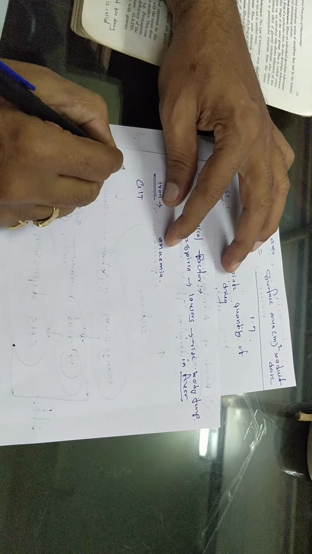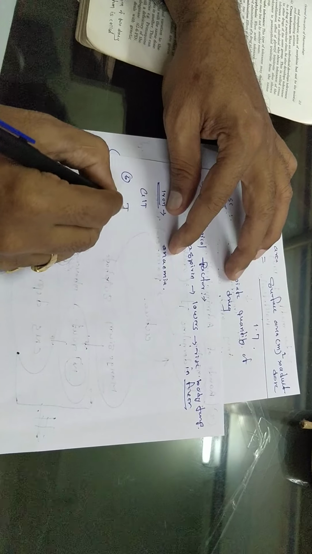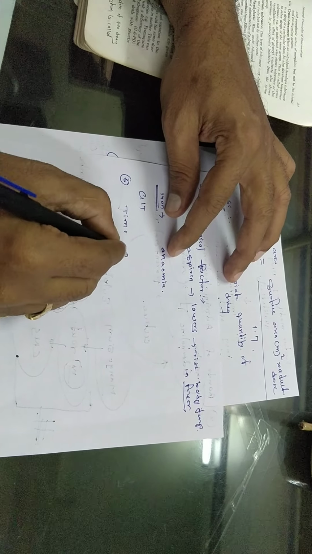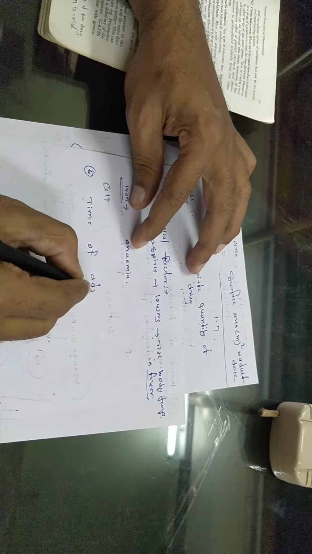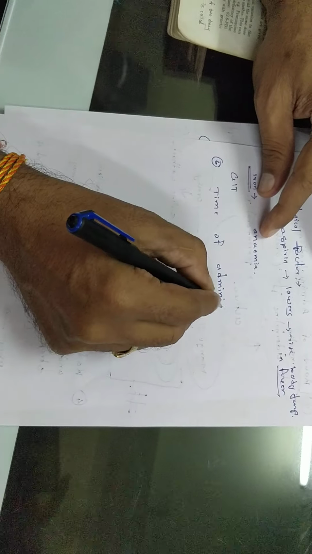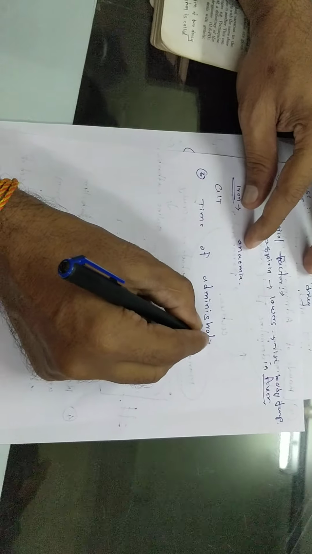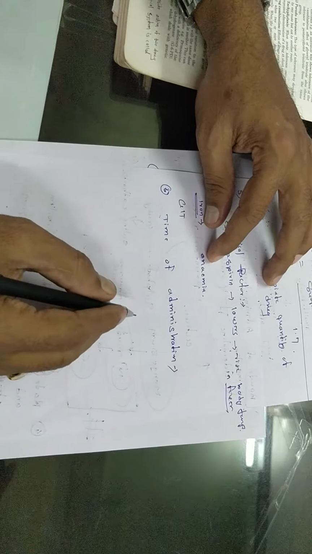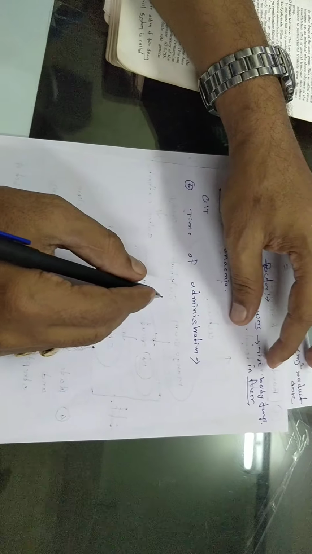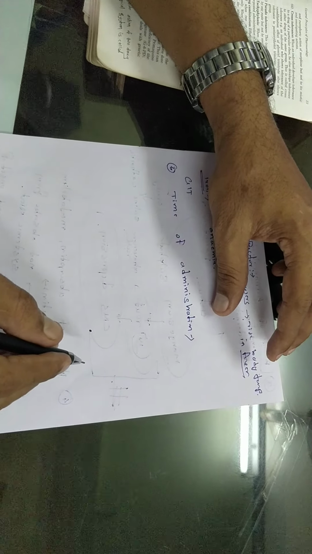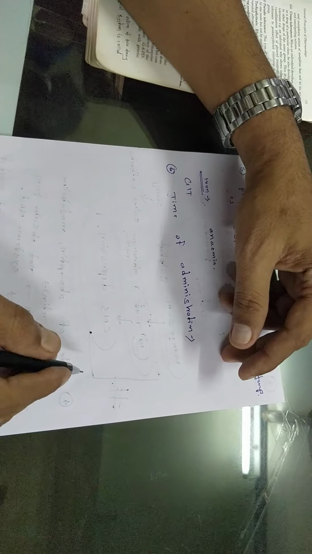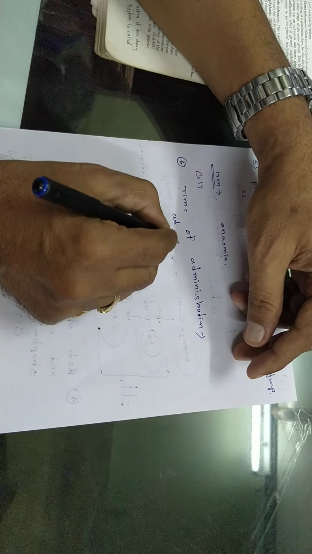Now the last factor, a very easy factor: time of administration. Drugs are administered as per therapeutic use. Some drugs act as depressants, and these are always administered at night.